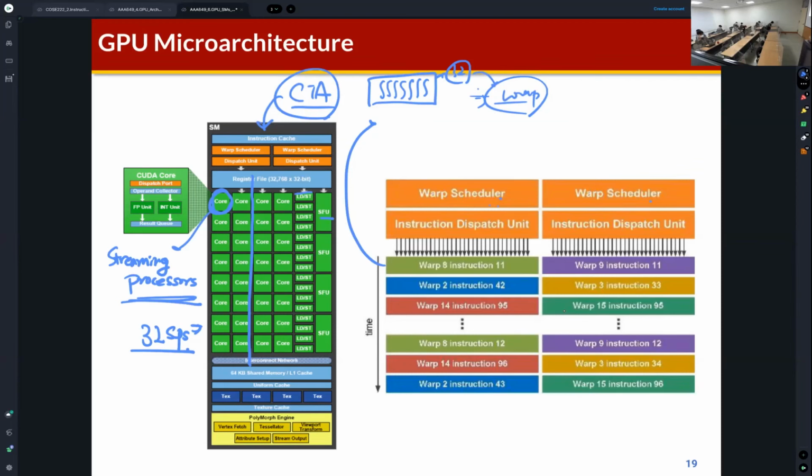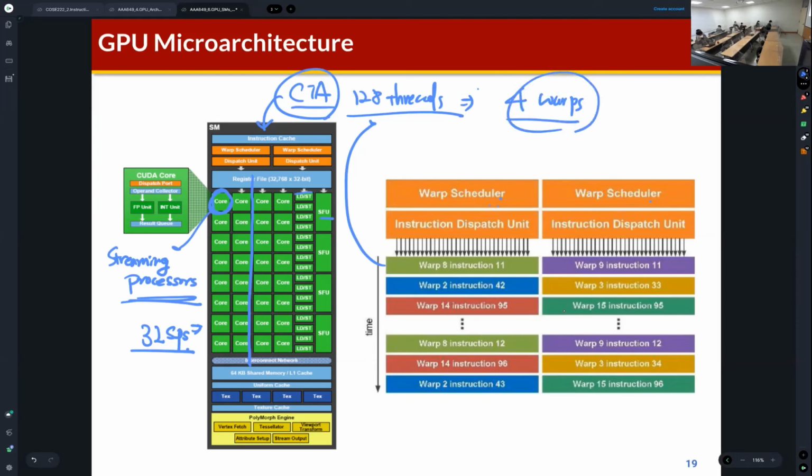So, for example, if a single CTA has 128 threads, then how many warps are generated? 4 warps are generated from this single CTA.